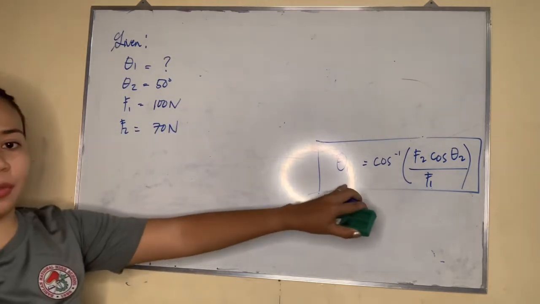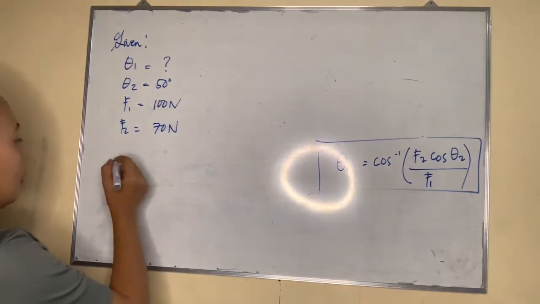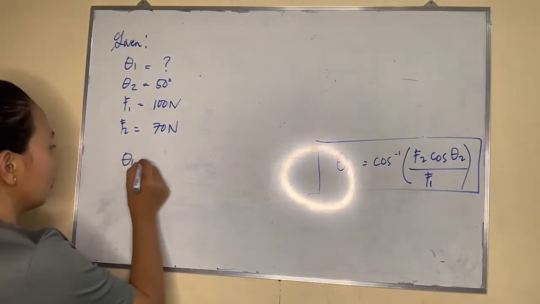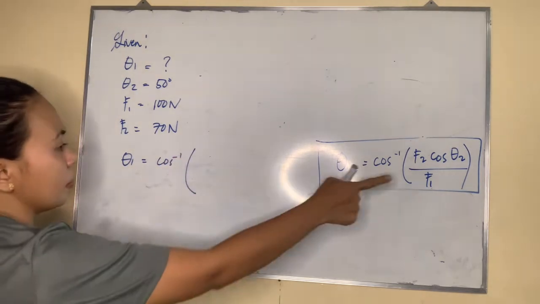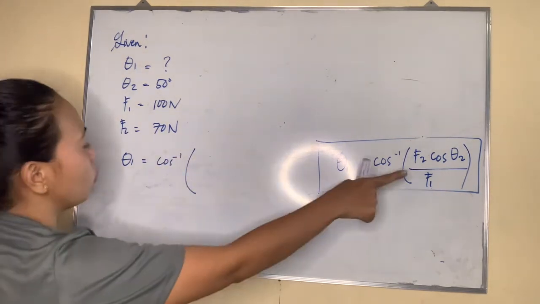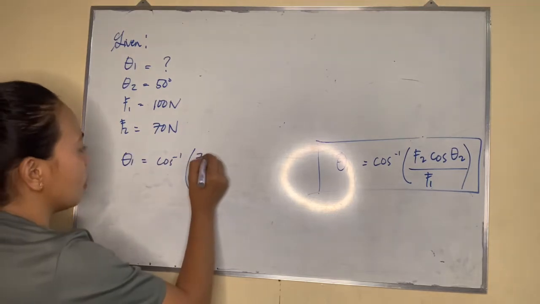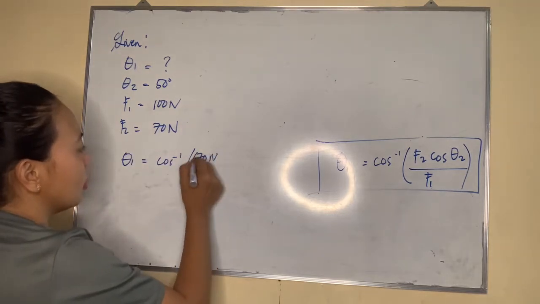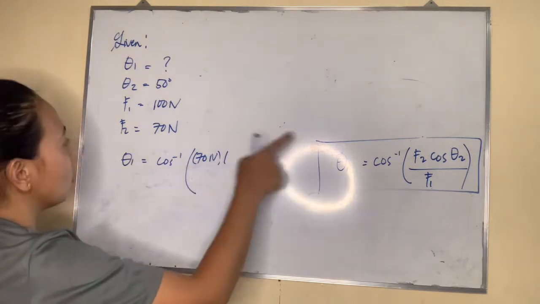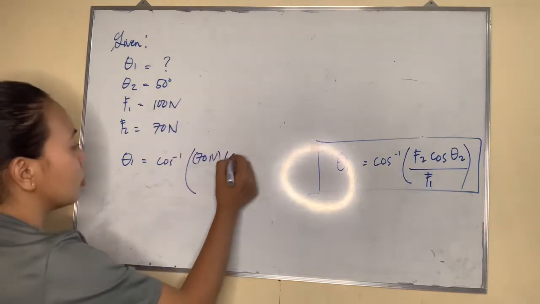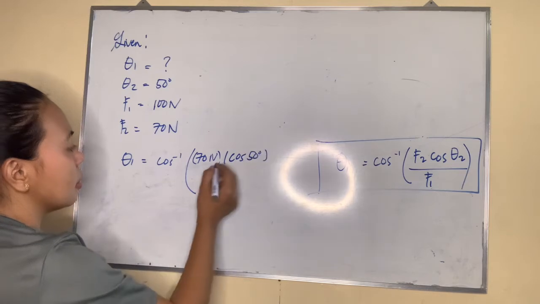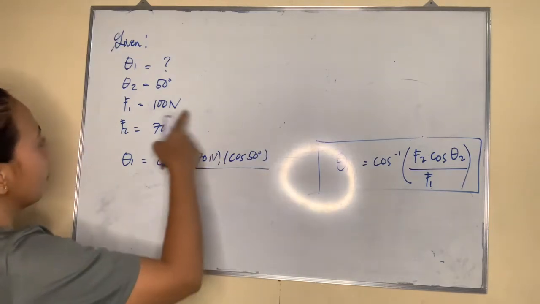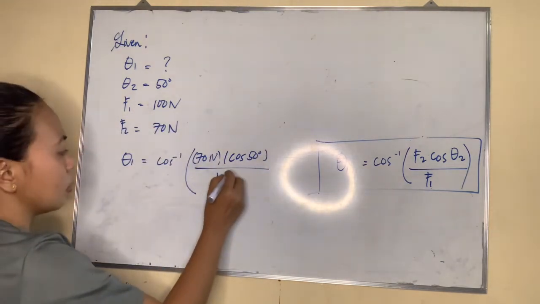So using this formula, what is theta 1? It is the inverse of F2, 70 Newton, times cosine theta 2, cosine 50 degrees, divided by F1, 100 Newton.